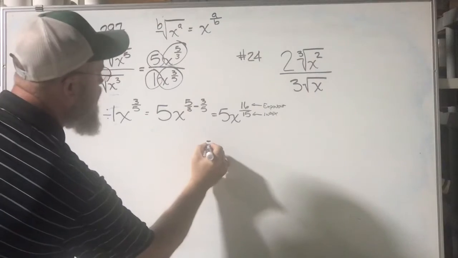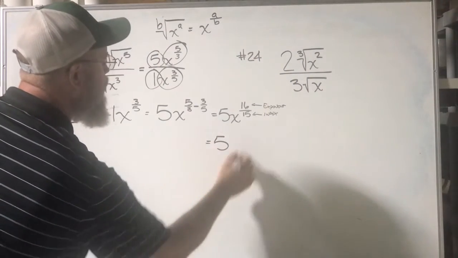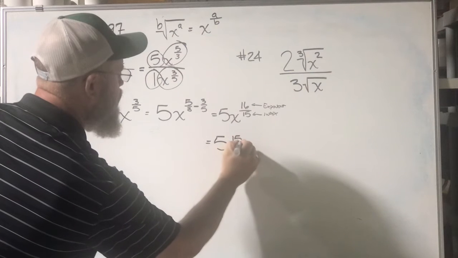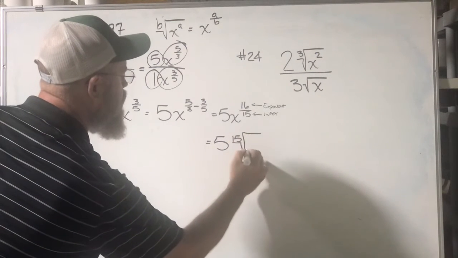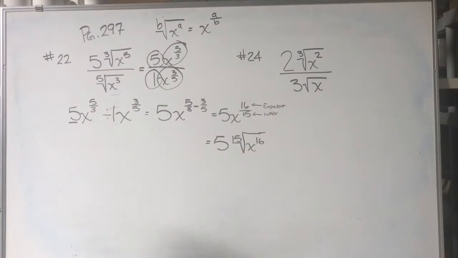So this actually equals 5, the 15th root of x to the 16th. Right? Hopefully you understand that. Okay?